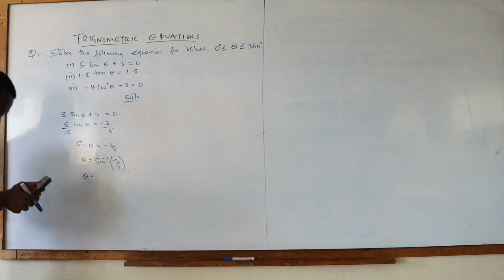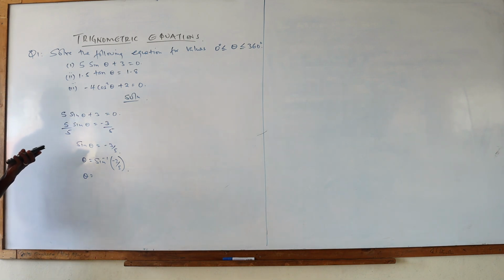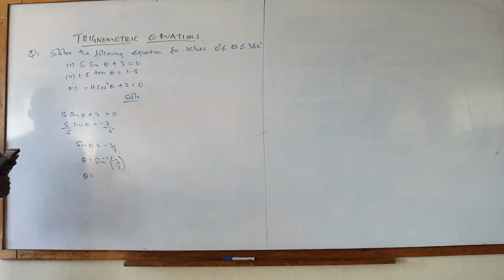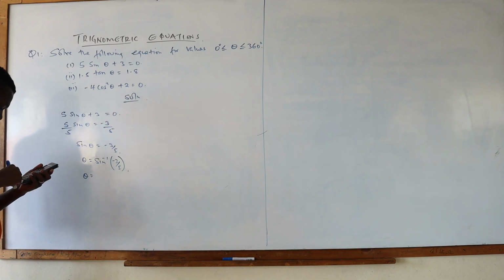So how do you get sine inverse? You press shift, then the sine together. Then you put brackets, then negative 3 over 5. And that gives us your theta.